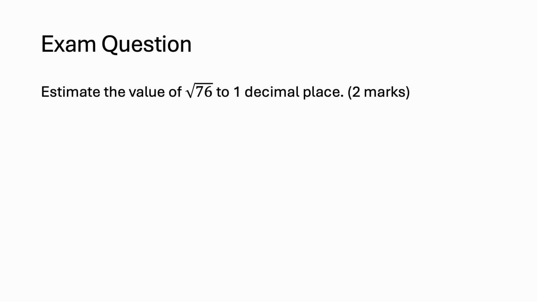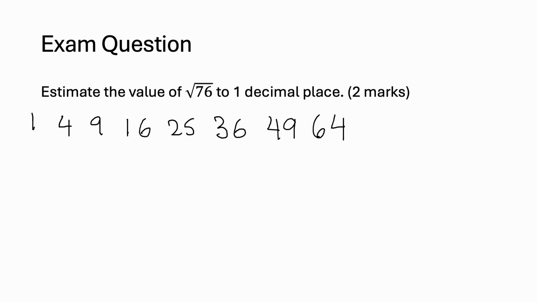So if we think of our square numbers, so we have 1, 4, and 9, 4 times 4, which is 16, 5 times 5, 25, 6 times 6, 36, 7 times 7, 49, 8 times 8, 64, 9 times 9, which is 81, and then 10 times 10, which is 100.